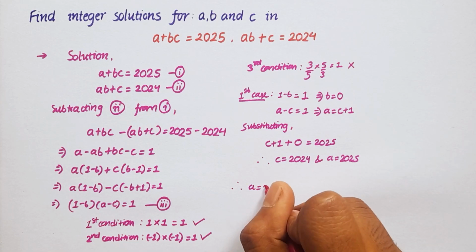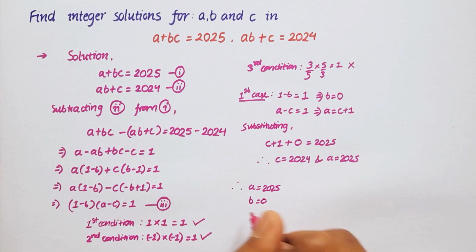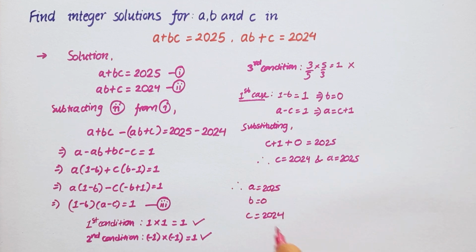So that is our first set of solutions. A is equal to 2025, B is equal to 0, and C is equal to 2024. Okay, we have considered the first case and found out the integer solution for A, B, and C. Now let us consider the second condition. Does it give us an integer solution? Let's find out.